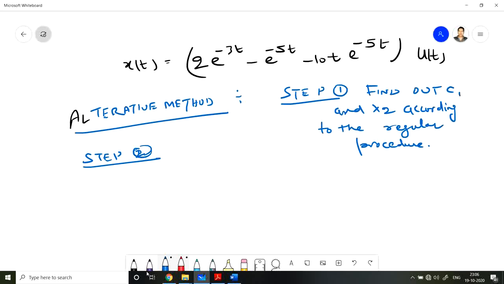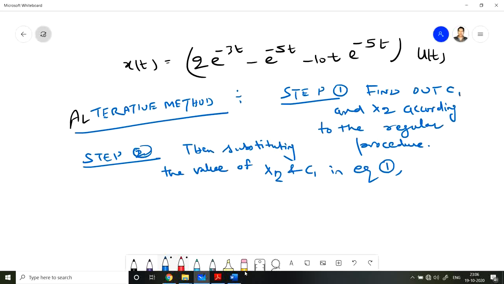And step 2, substitute the value of lambda 2 and C1 in equation 1.